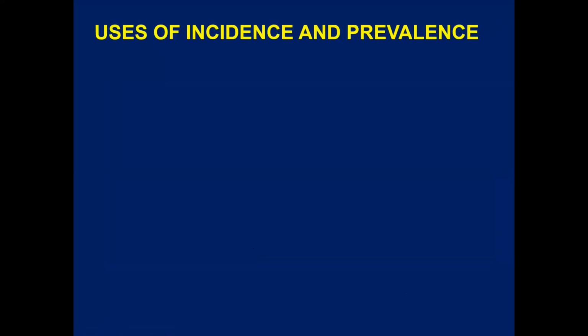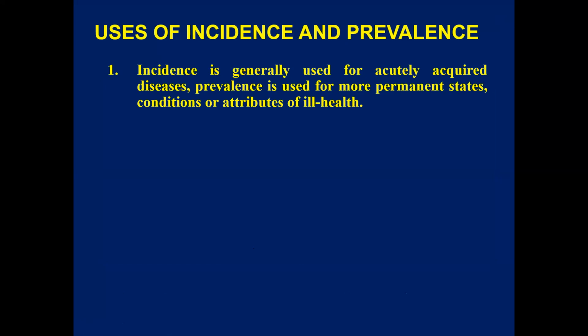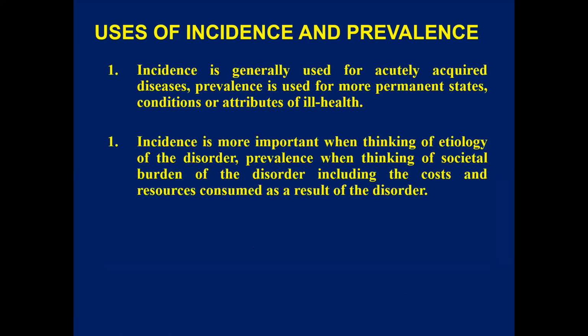Now, what are the uses of incidence and prevalence? Incidence is generally used for acutely acquired diseases, and prevalence is more for permanent state conditions or attributes of ill health. Incidence is more important when thinking of the etiology of disease disorders, and prevalence when thinking of the societal burden of disorders, including the cause, resources consumed, and the result of disorders.